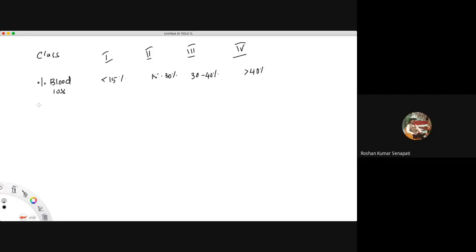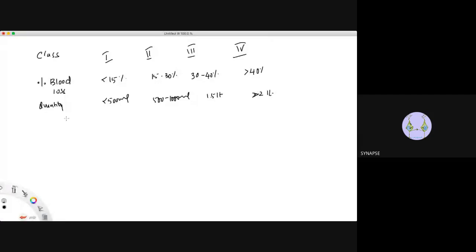If we tell this in terms of the quantity of blood, it is less than 500 ml, 500 ml to 1000 ml, up to 1.5 liters of blood lost, and more than 2 liters of blood lost. So looking at the quantity of blood loss, we are going to classify them.